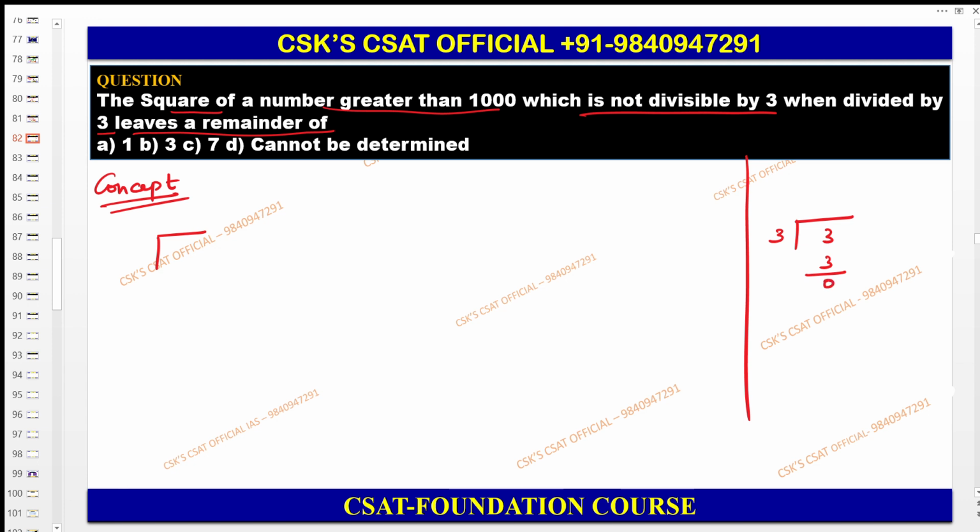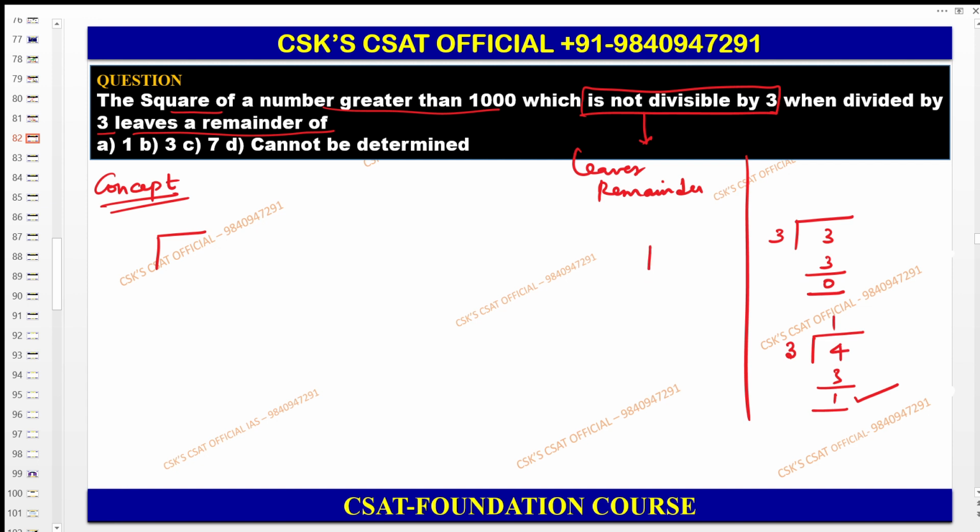In such a situation you are getting 0 as the remainder. Now listen, a square of a number, let's take 2 square, 2 square is nothing but 4. When 2 square is divided by 3, what will happen? Here the statement is important, which is not divisible by 3 means it leaves you some remainder. That is the logic here. So here 1 time leaves you remainder 1.